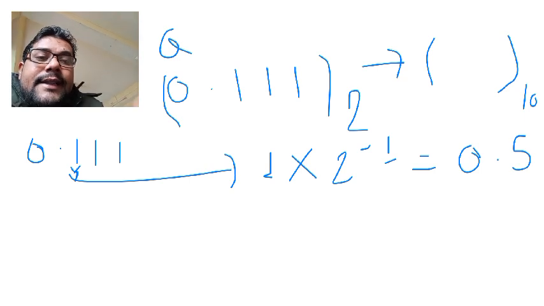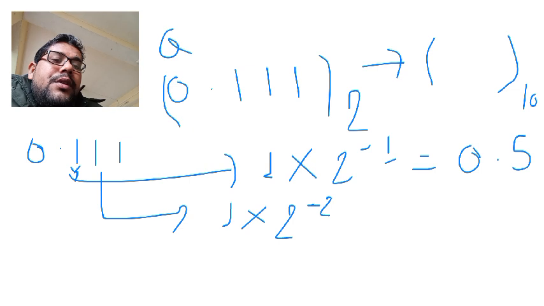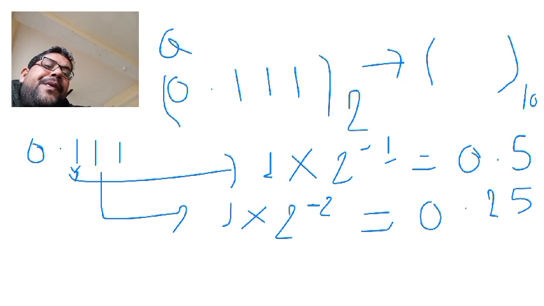Then again we take the second number from the left: 1 times 2 to the power minus 2, equal to 1 upon 4, we can write this number as 0.25.